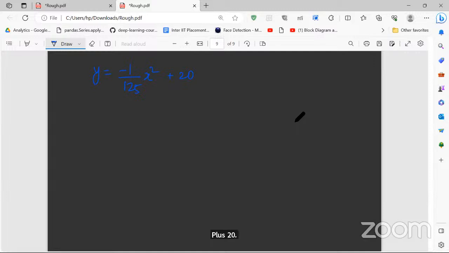Basically, what you have to do is follow the trajectory. So if there is a player, he just kicked the ball. There was a ball and he just kicked it. Maybe here is the goal. So he's kicking the ball and it is following some trajectory, right?